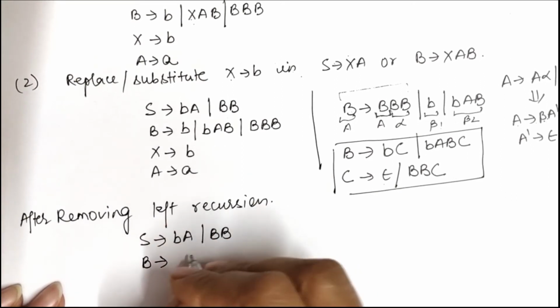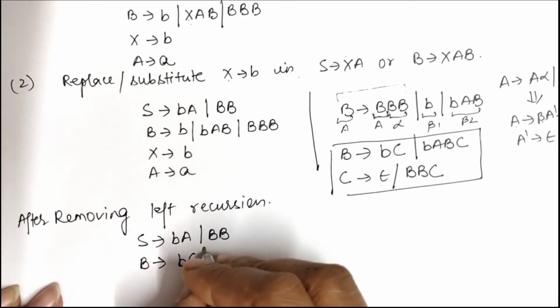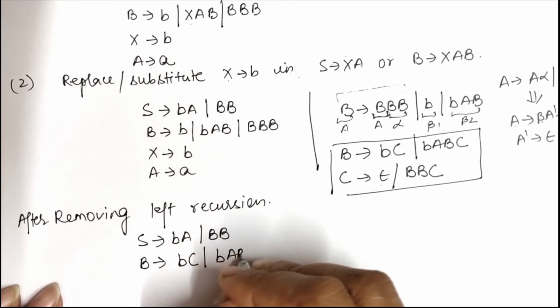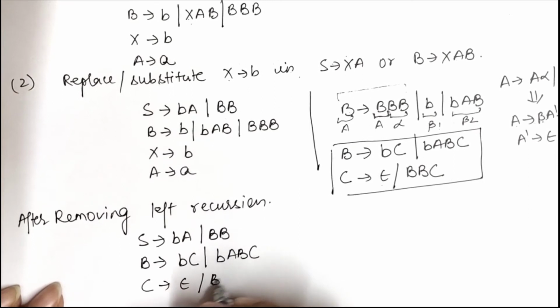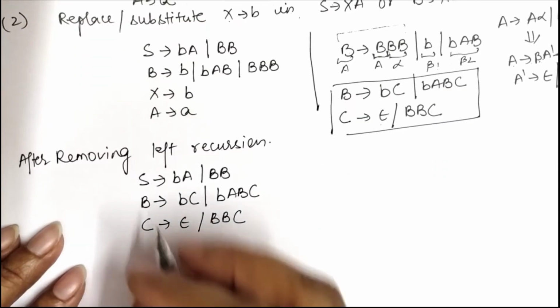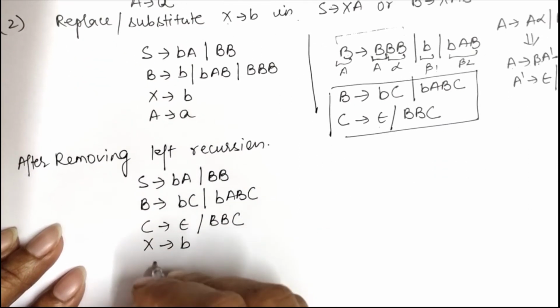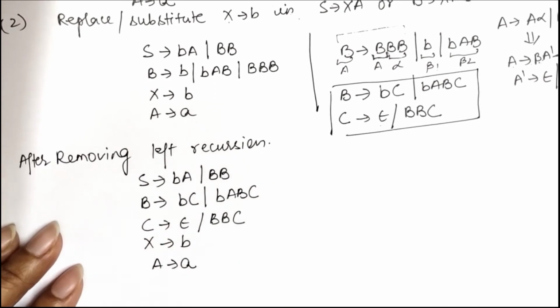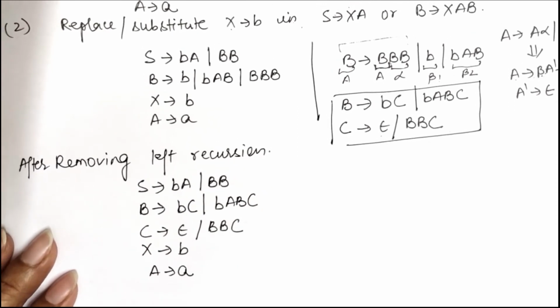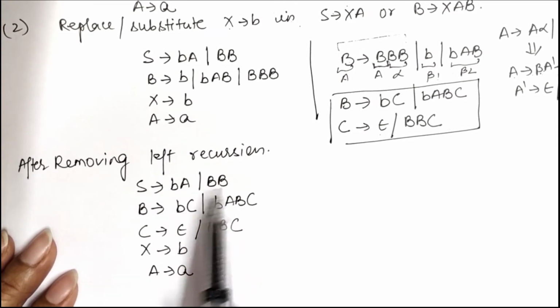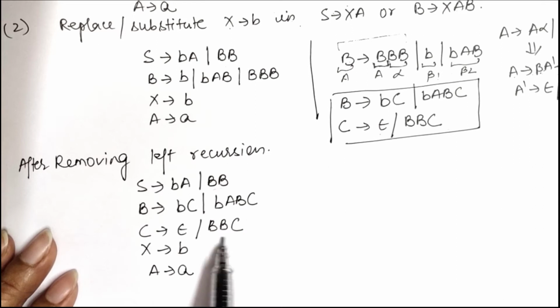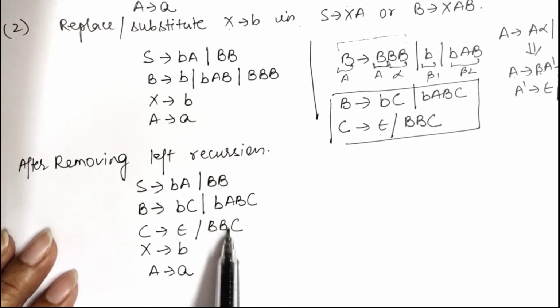So this B can be small b capital C or small b A B C. This C can be epsilon or capital B or C. Then X can be b and A can be a. Now there are still some productions which are not in GNF form, where this is capital B or this BBC.